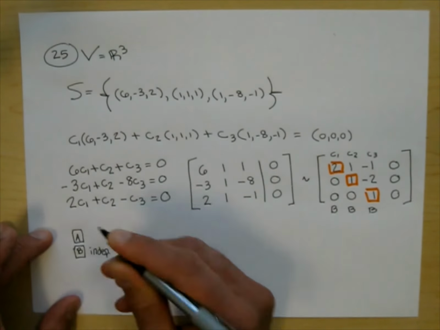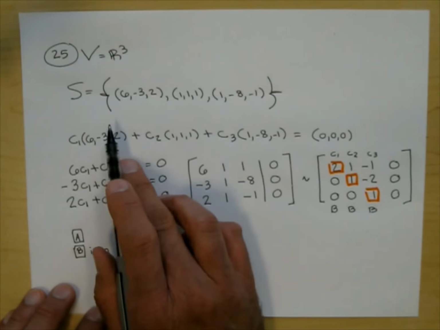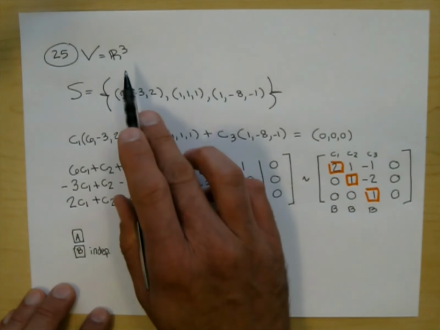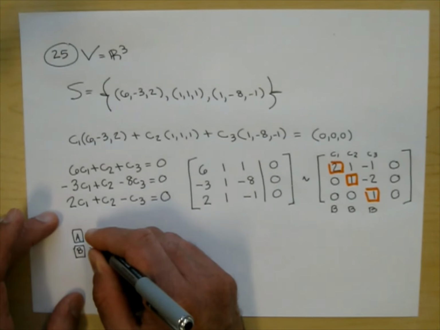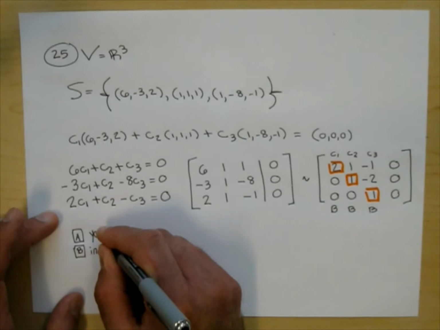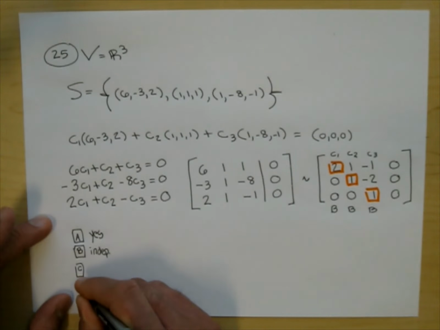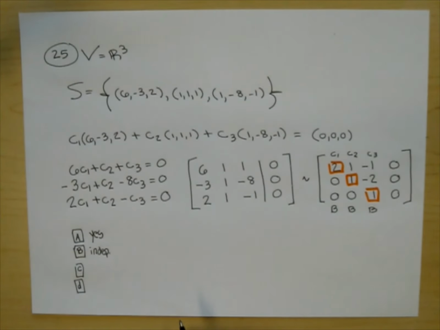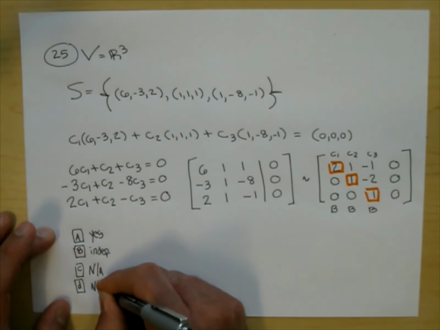Part A asks, does S span R3? Well, there's no dead weight and there's 3 of them, so the answer to that is yes, it does. For part C and D, those were conditioned on if you had a dependent set, so this is not applicable.